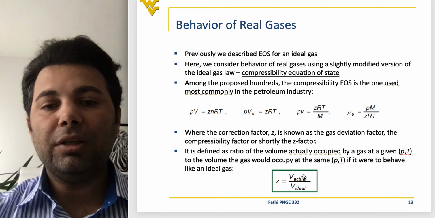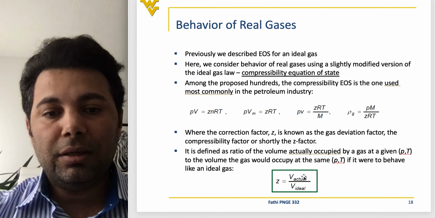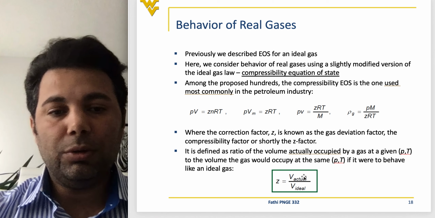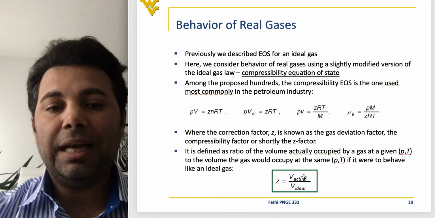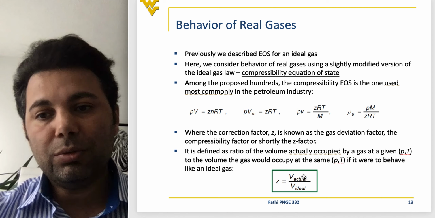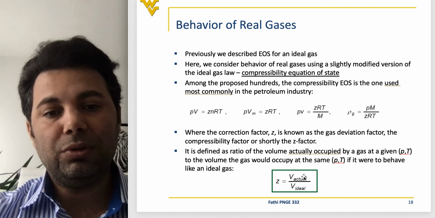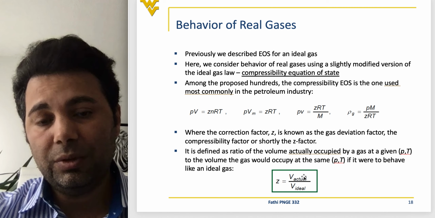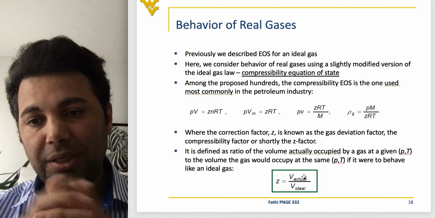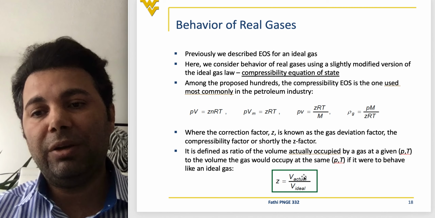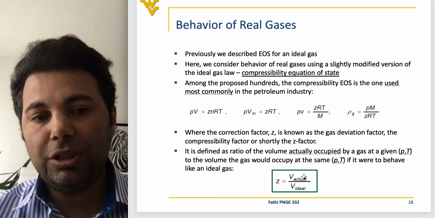Remember, in the case of ideal volume, we said the gas molecules don't take any volume. However, in the actual volume, those molecules will take some volume, and also there are intermolecular forces that bring the molecules together or push them away from each other, and that changes the volume.